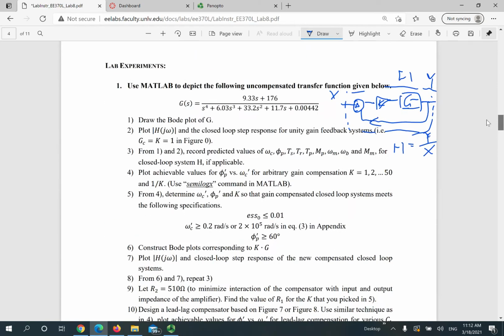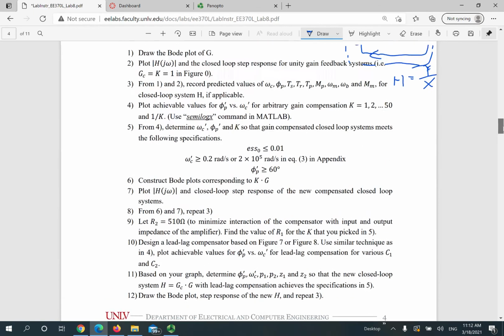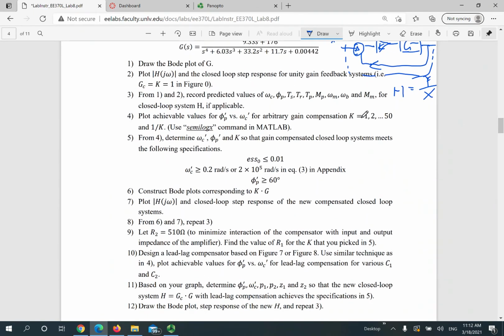And then for the lead-lag compensator, over here, we need to pick the proper C1 and C2, use figure 7 and figure 8 in the appendix. And similar to the techniques we are using over here, like pick an arbitrary K from 1 to 50 and also 1 to 1 over 50, we can also similarly pick C1 and C2 accordingly.